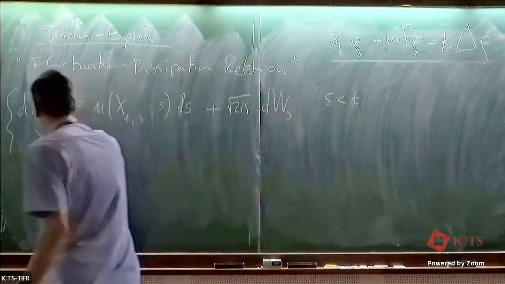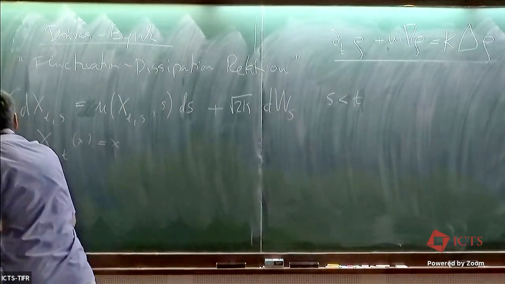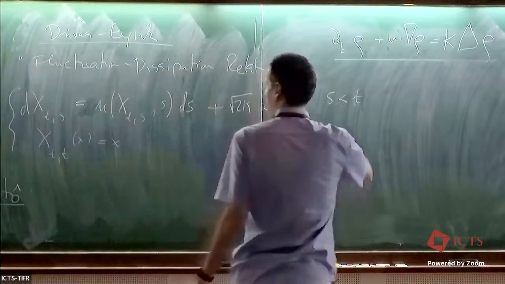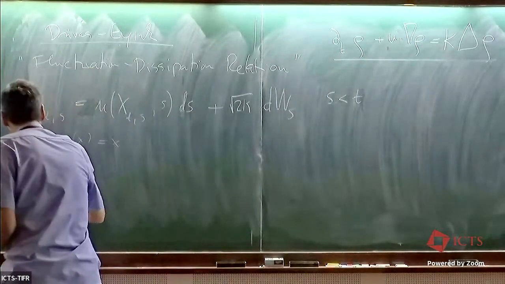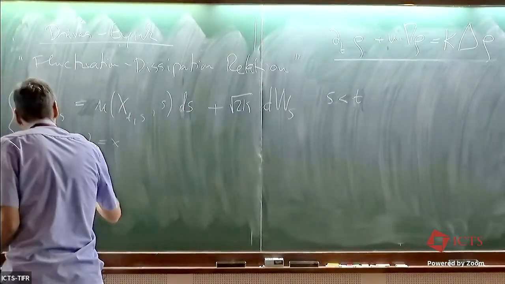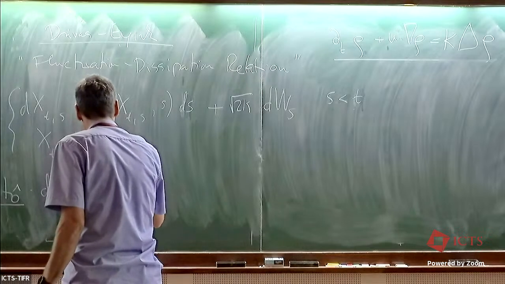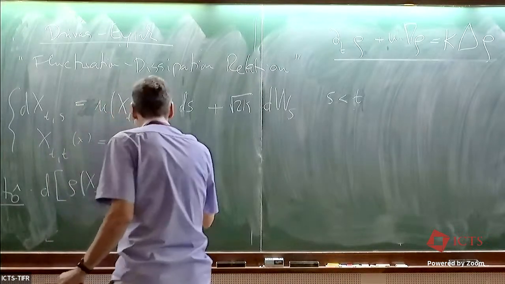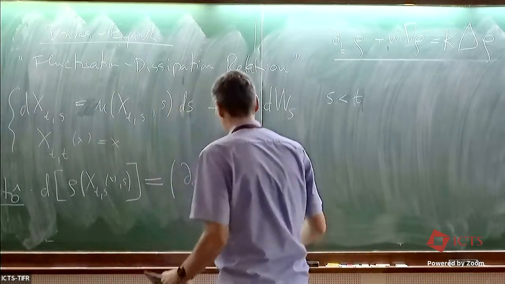And so applying the Ito formula with the solution gives you d of rho of X_s, s equals, this is the formula that you saw in Mario's lecture.